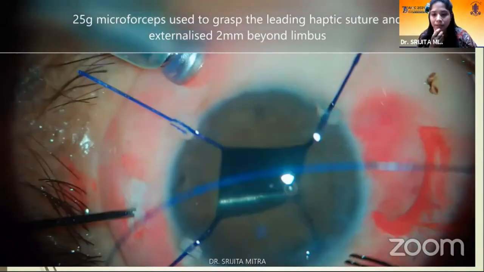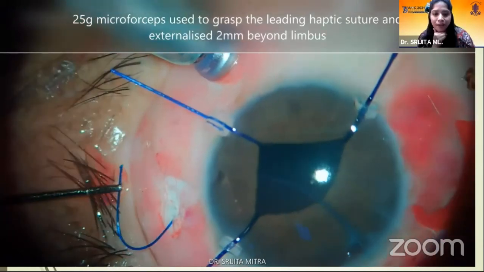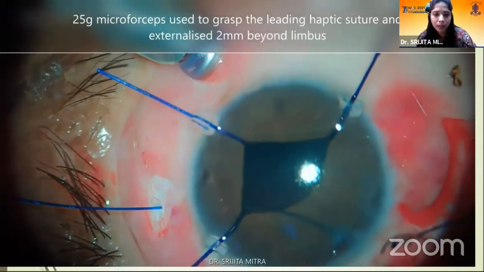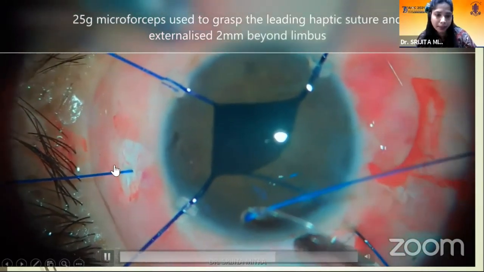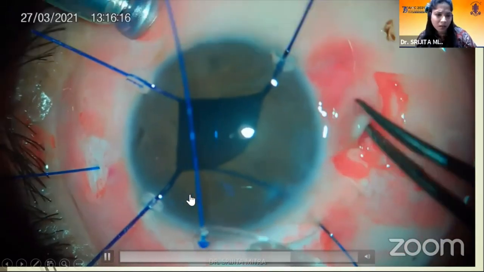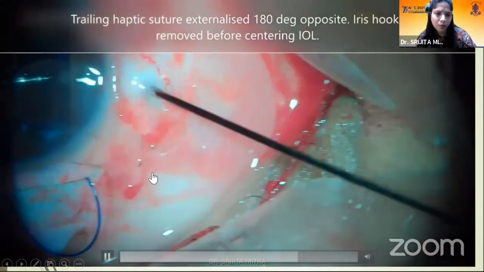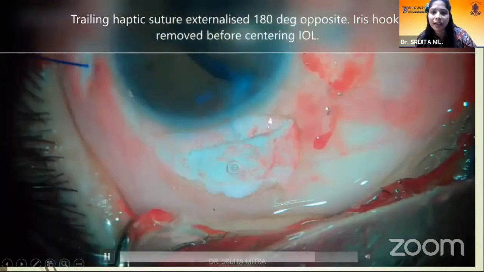Similarly, after 3 weeks, I had posted for SFIOL. The pupil was very small, so I had to use iris hooks. Here I'm externalizing the suture attached to the leading haptic. The main problem I faced in this technique was that I had made the knob on the eyelet suture quite big, so it was getting entangled in the iris.